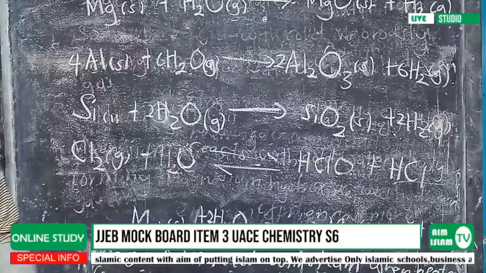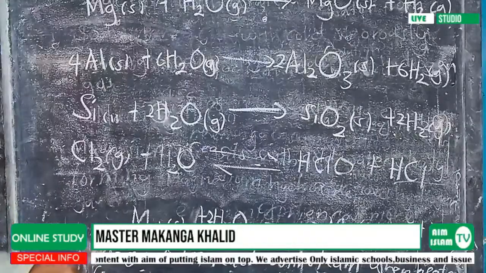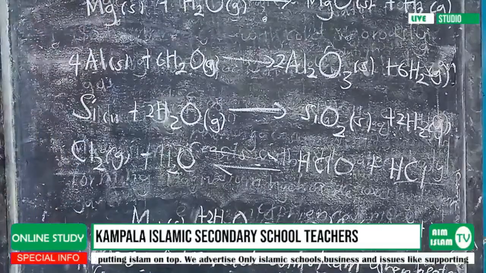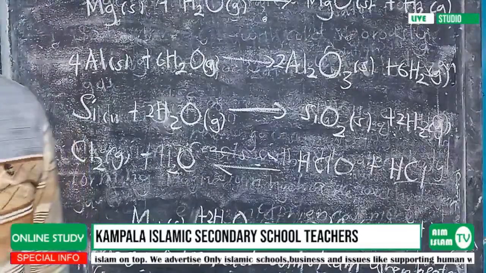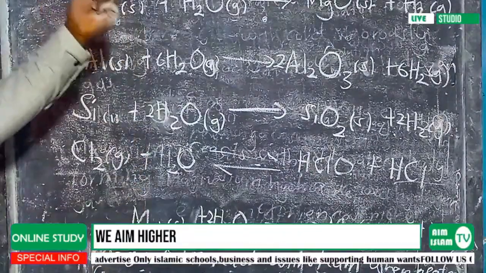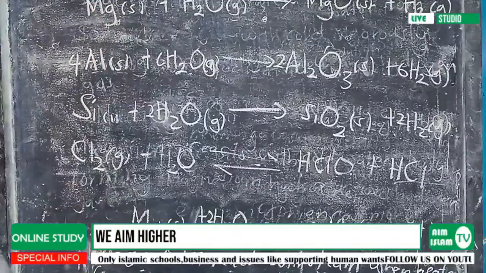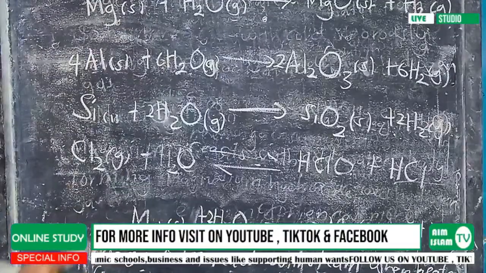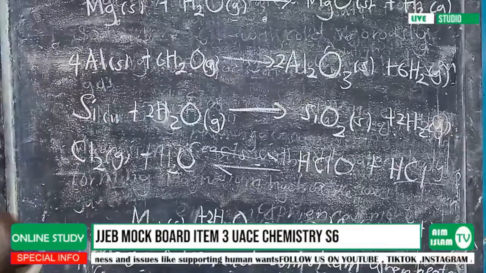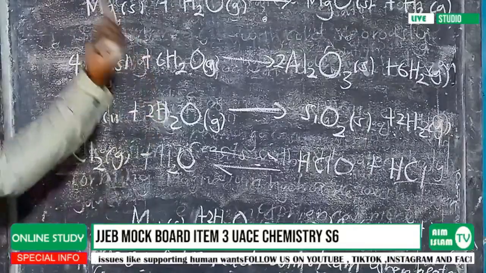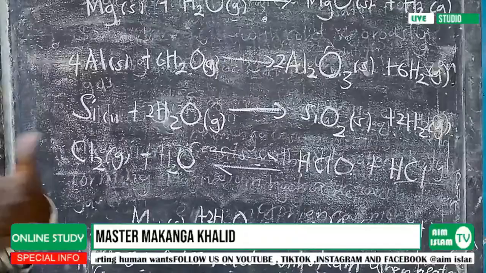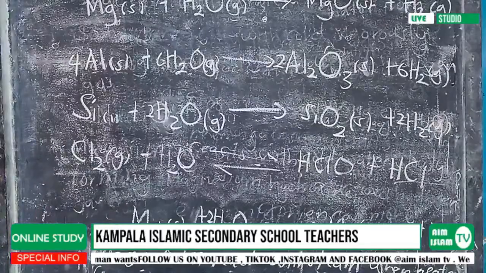Then to talk about reaction with what? Reaction with the acids. How will it react with the acid? Sodium and magnesium react with dilute hydrochloric acid, forming sodium chloride and magnesium chloride.